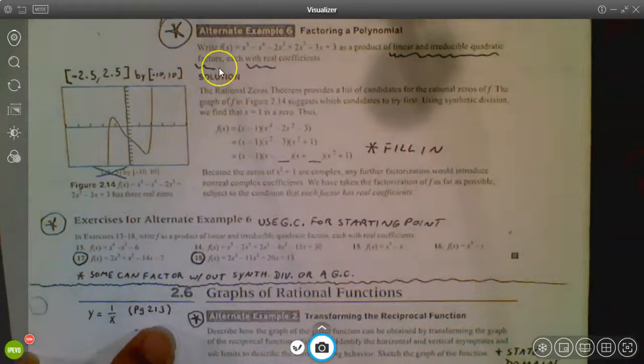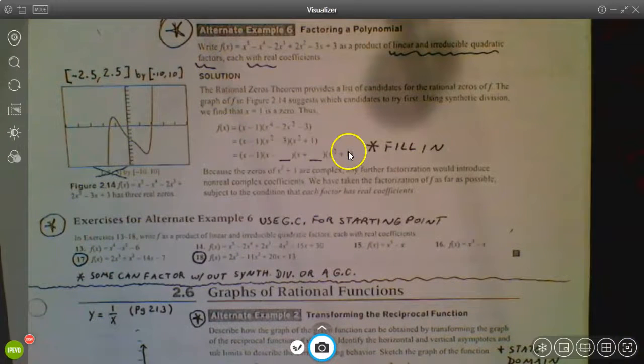So as we look at all that, what that means is they want you to break it down in the simplest terms possible while maintaining real coefficients. So in other words, based on this wording, they want me to factor it and break it down as far as I can.